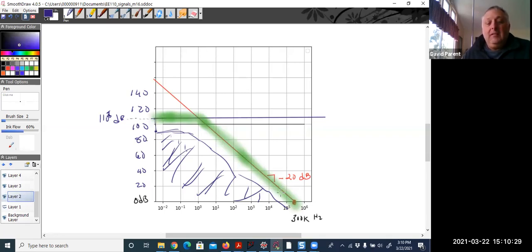All right. And it's a little bit better than 100 times less. But whatever's going on here, as long as it's less than this, it's not a problem. All right. So for instance, if I have H of s equals 1 over s, right, which is 0 dB here, right, at 1.